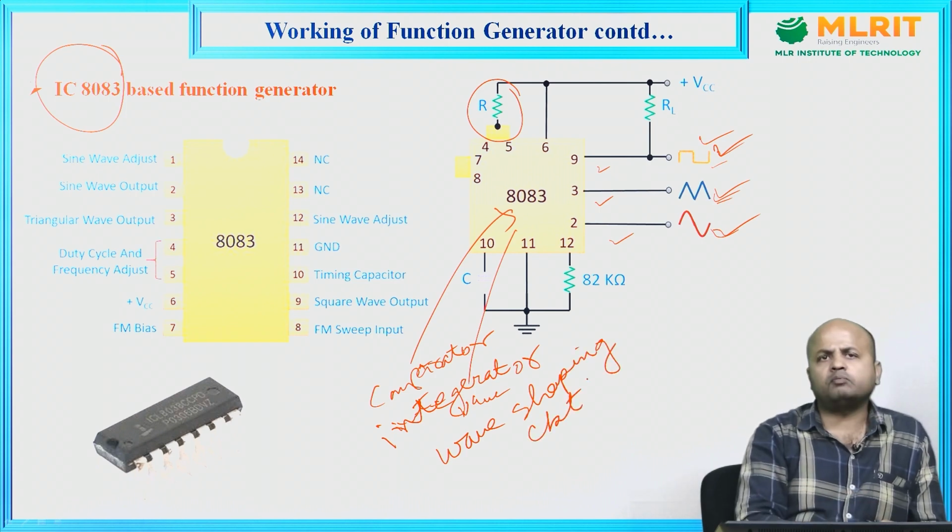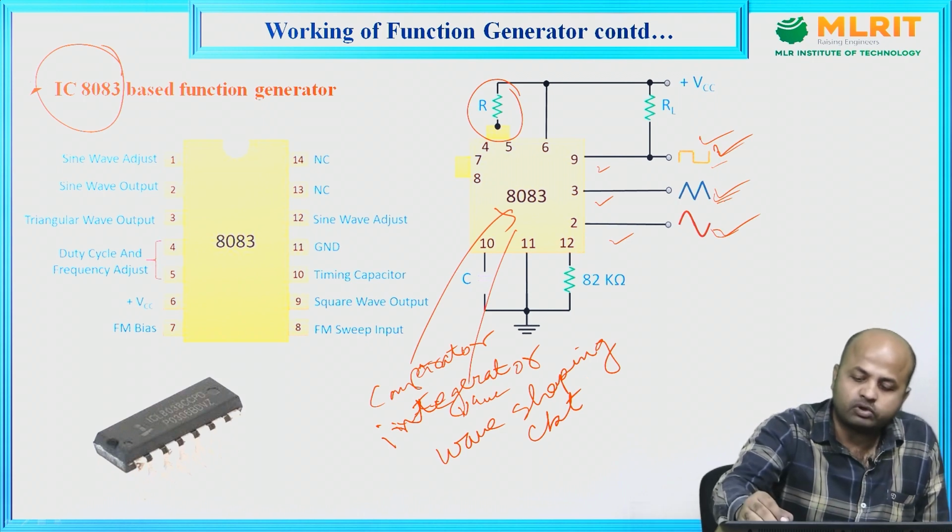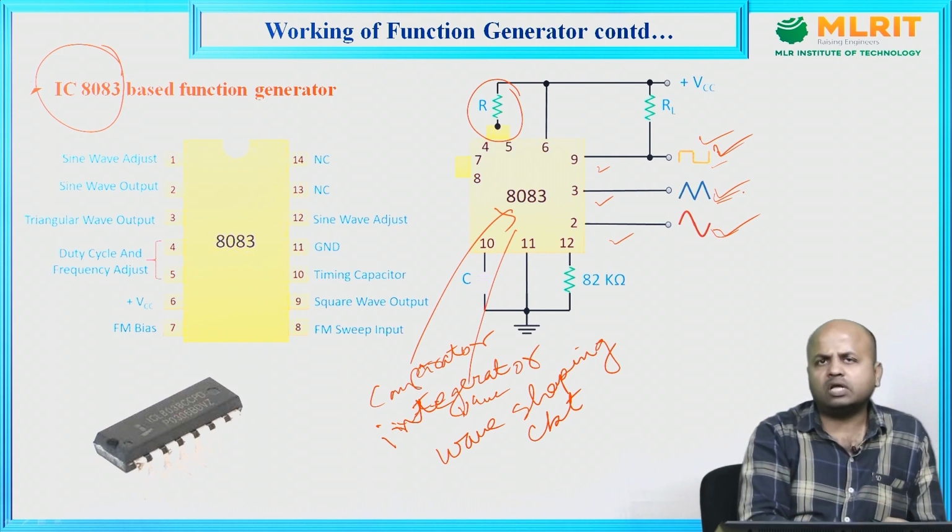So IC 8038 is nothing but a combination of a comparator circuit, integrator circuit and wave shaping circuit, which is generating the square wave, triangular wave, sine wave. So 8038 is an inbuilt function generator IC.